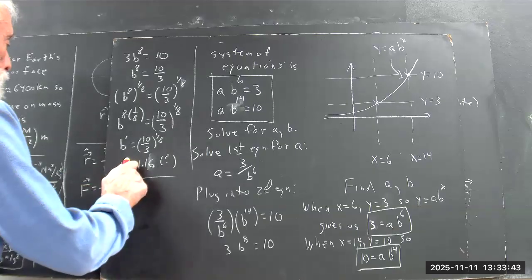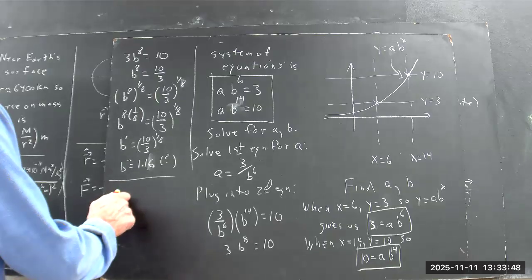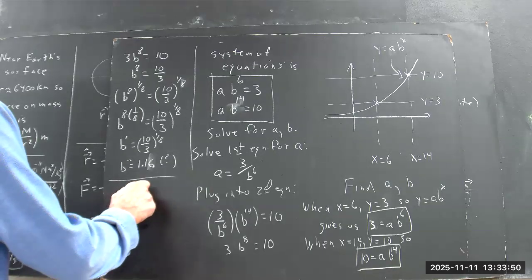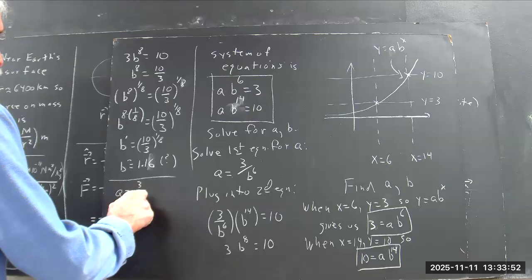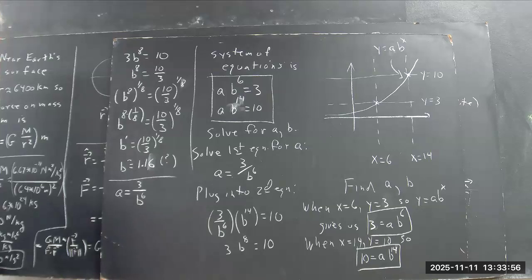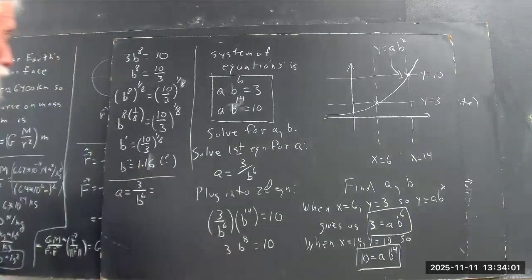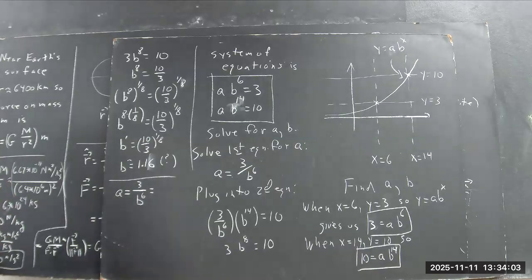So that's approximately 1.16. Well, a equals 3 divided by b to the 6th. Now, what's the 6th power of 1.16? If I square that, I get about 1.25.